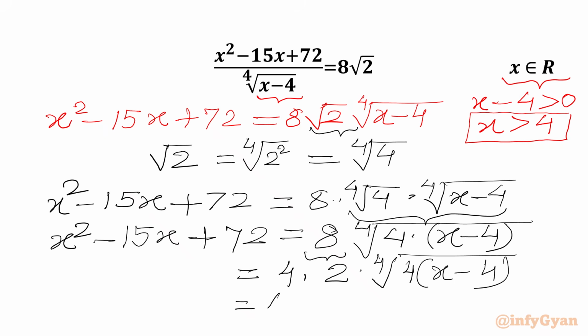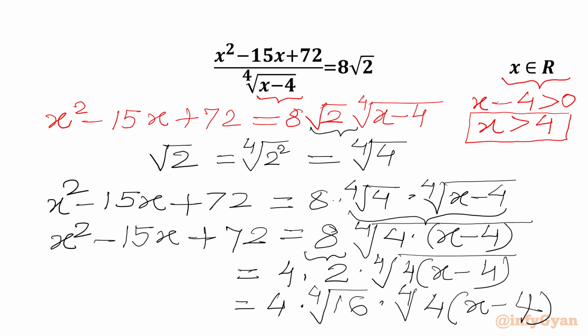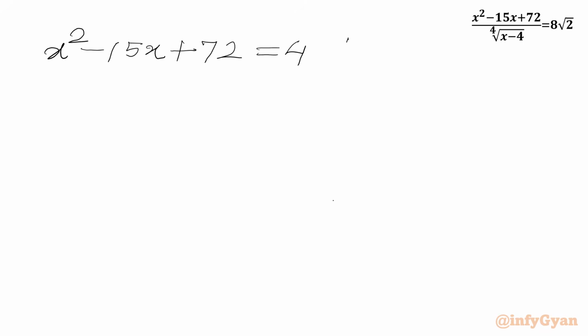So I will write here 4 times 4th root of 16 times 4th root of 4 times x minus 4. Again we have to club these two 4th roots. We will get x square minus 15x plus 72 equal to 4 times 4th root of 16 times 4 times x minus 4.